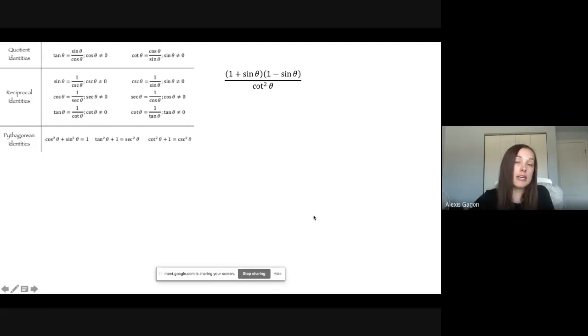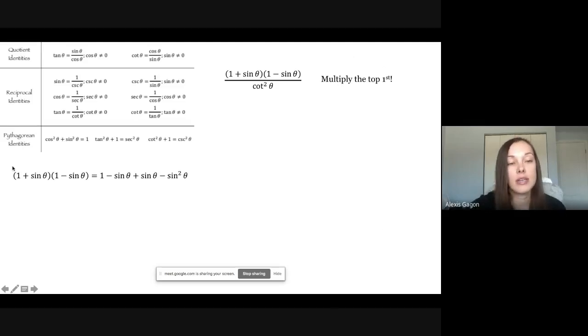So this one right here: 1 plus sine of theta times 1 minus sine of theta, over cotangent squared of theta. Before I put it in terms of sine and cosine, if there's anything that can be multiplied or factored, we want to do that first. So I want to multiply the top first.